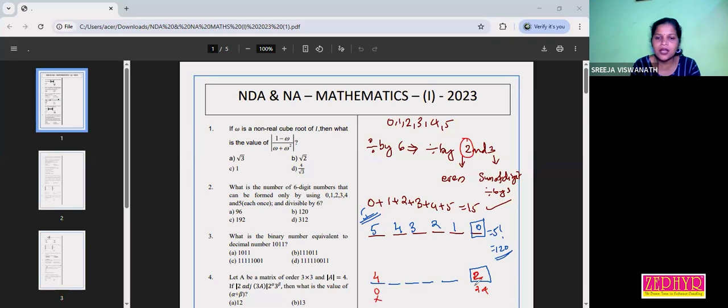Now 2 numbers are fixed, one on the first position and one on the last position. The remaining 4 are there. There are 4 chances, and 3, 2, 1. So total 4 into 4 into 3 into 2 into 1 into 2, that is 192. Is it right?